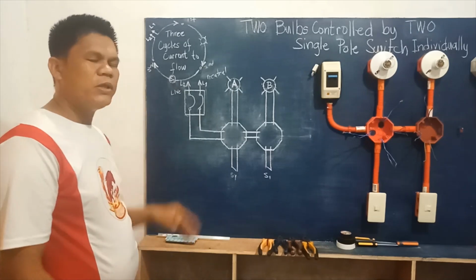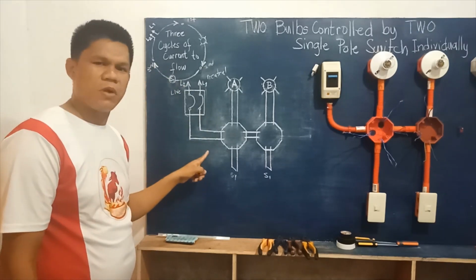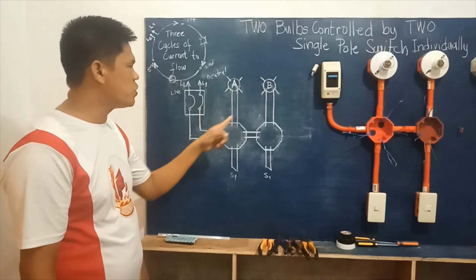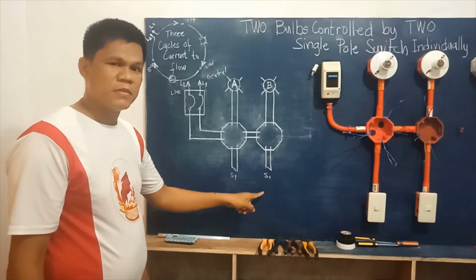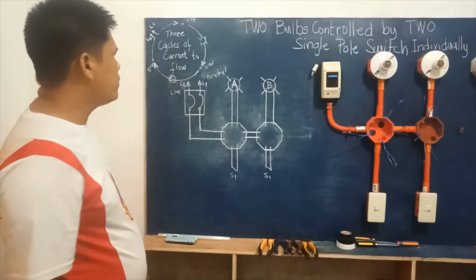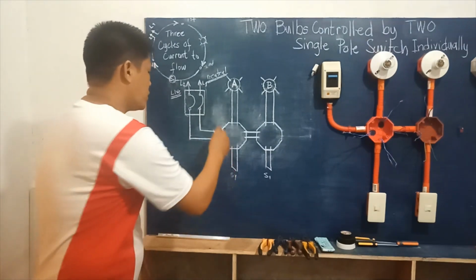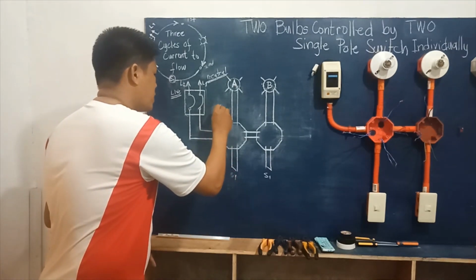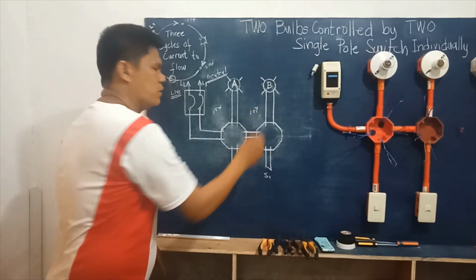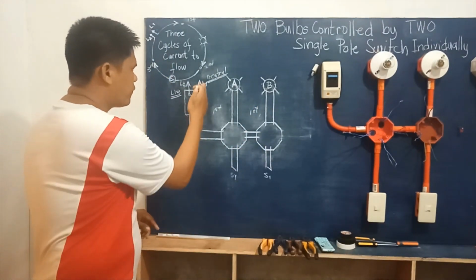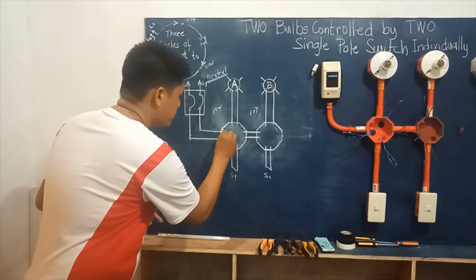So how are we going to apply the three cycles of current flow into a diagram with two bulbs controlled by two single pole switches individually? Okay, in the first bulb we have here, we will apply our first cycle circuit. So we have here our first cycle, and also here as our first cycle. Look at this. In the first cycle, we have from source to load, this way.